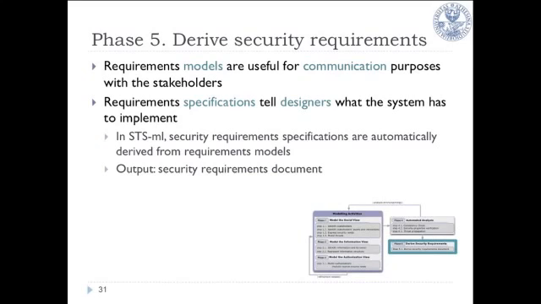These requirements models are also useful when we are communicating with the stakeholders, because they tell the designer what the system has to implement. In our language, the security requirements specification is automatically derived from the requirements models once the modeling is done and all the security needs have been expressed. And we can generate, as I said, a security requirements document that gives overall detail about all the stakeholders, their interactions, and the security needs they have to comply with.